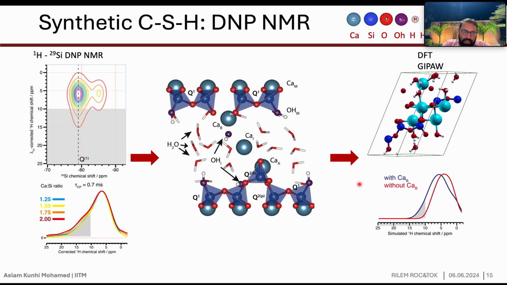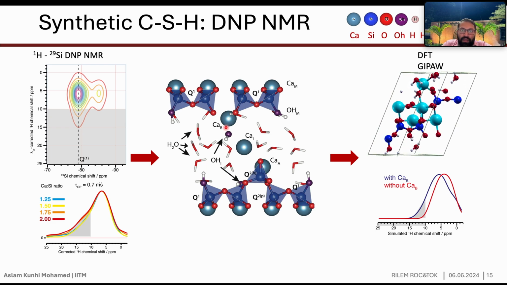Here is an example where dynamic nuclear polarization NMR showed us that close to a Q1, that is a terminal silicate, there is a significantly stronger hydrogen bonding environment. So using a DFT brick model, we created different structures and looked at what type of defect can be here such that we can have this strong hydrogen bonding environment.